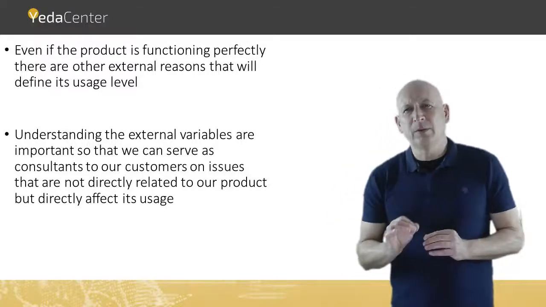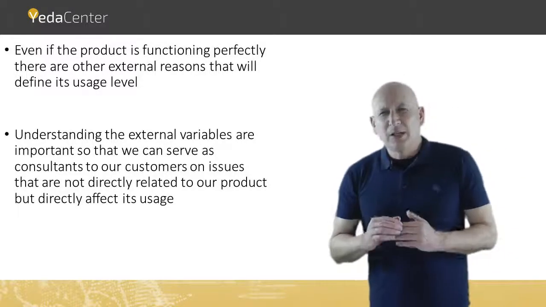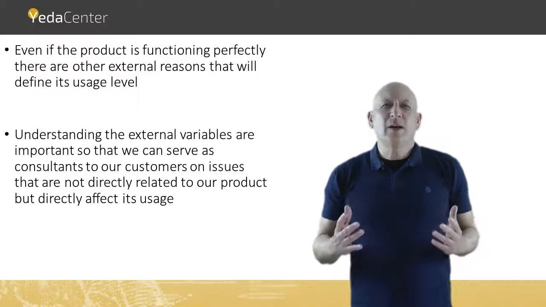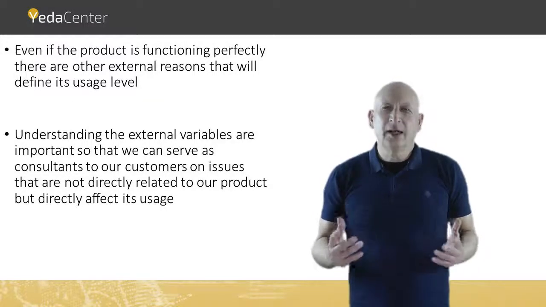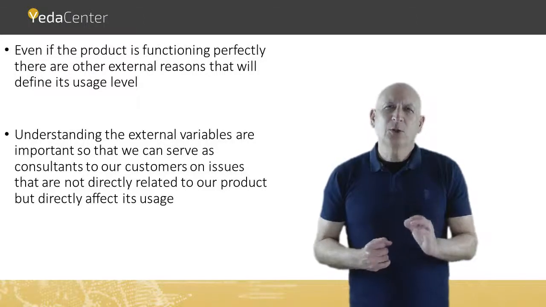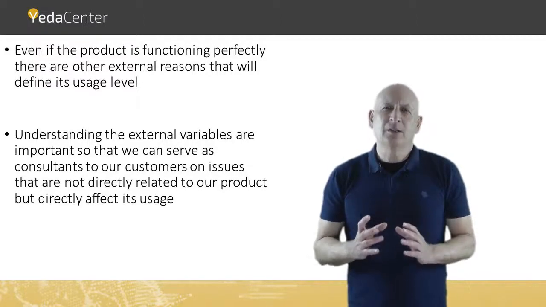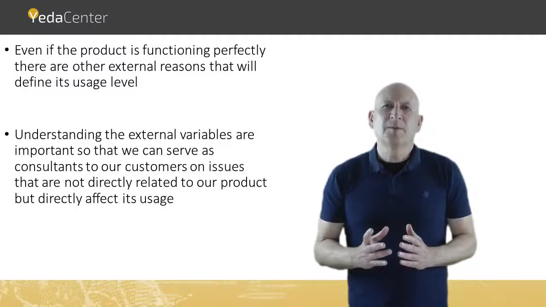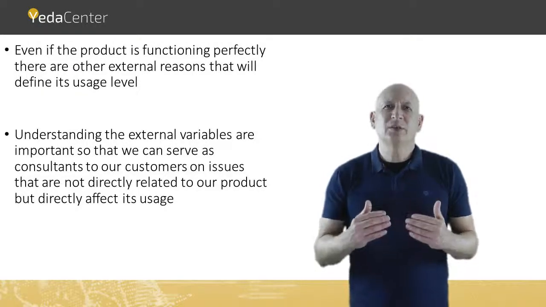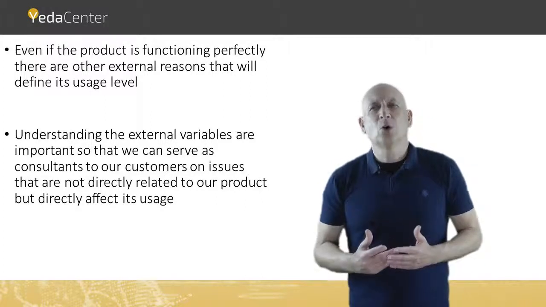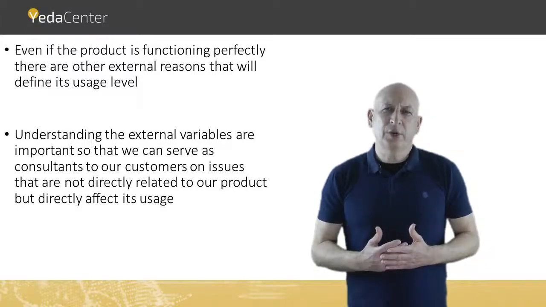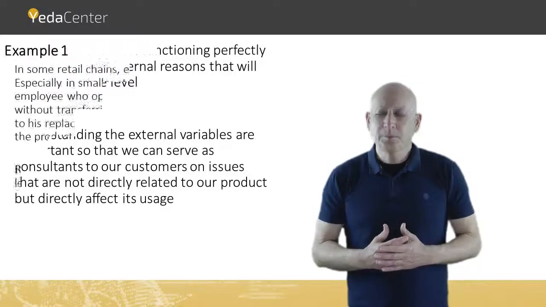Understanding those external variables is important so that not only do we have a clear understanding of our total ecosystem, but we become a sort of consultant to our customers on how to address those issues, so that eventually the customer returns or starts using our product in a decent manner.